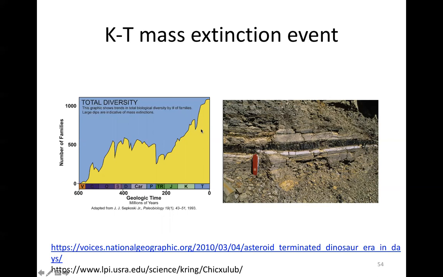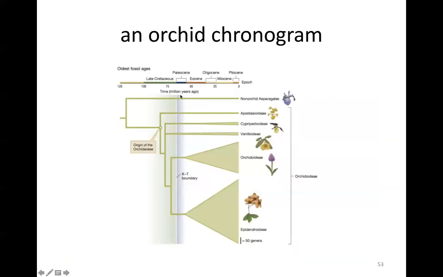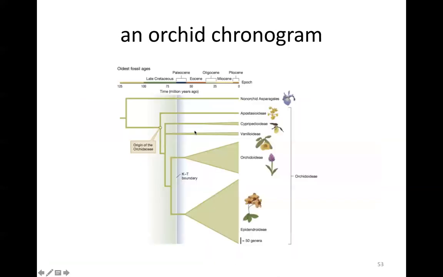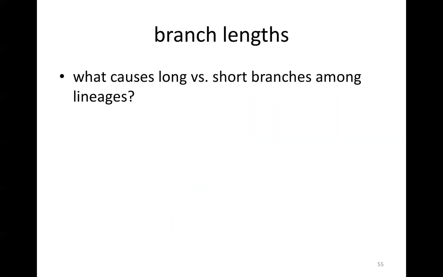And this actually turns out to be the period when dinosaurs also go extinct. So there's a huge mass extinction, and these orchid-related plants, they diversify after this event. So potentially they might be occupying new niches after a mass extinction event.